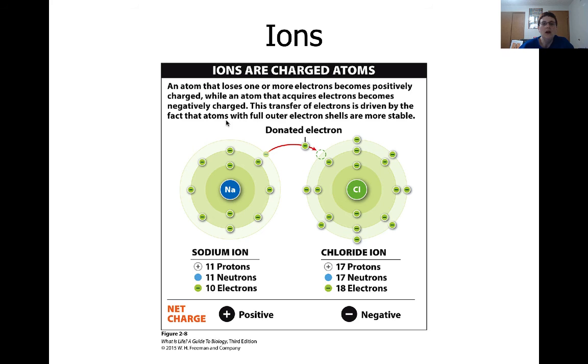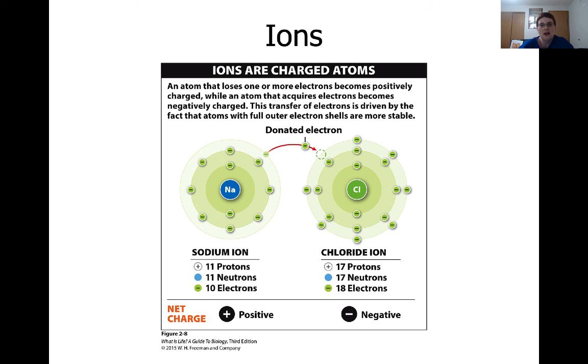So instead, sodium is going to say, okay, if you want it, take it. And it will donate that electron to another atom, in this case, chloride. Chlorine, or chloride, has 17 protons, 17 neutrons, and 17 electrons normally, which means it's 1 short in its outermost shell. And so it will happily take that electron from the sodium.